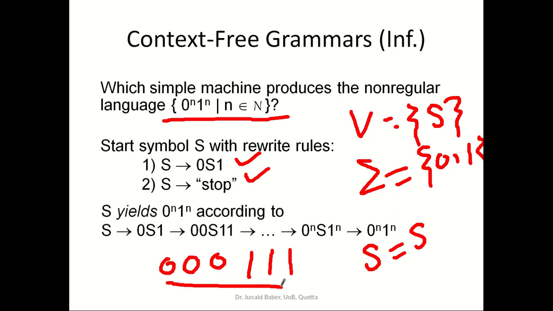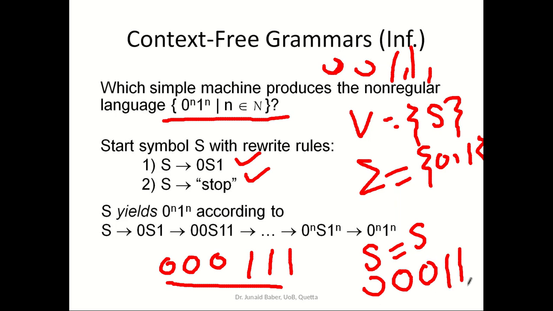For example, if I put an example of 0 0 1 1 1, this is a string that should not be generated from this language. Kindly let me do one small example.